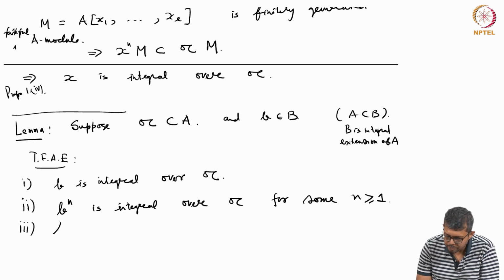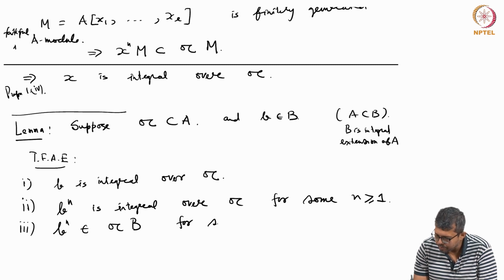And third, b to the power n is in the extension of A for some n.